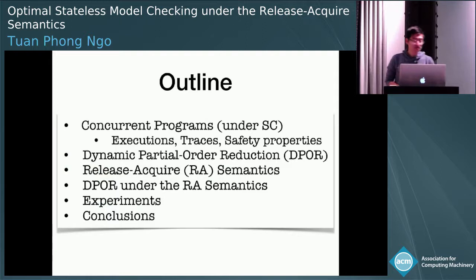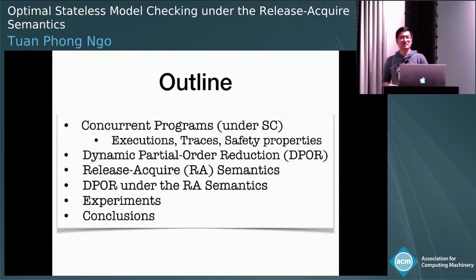So in this talk, we will address the problem of verifying safety property of concurrent programs under the release and acquire semantic. That is a fragment of the C11 semantic. To start with, we will give some example to explain about the concurrent programs, about the execution trace and safety properties.